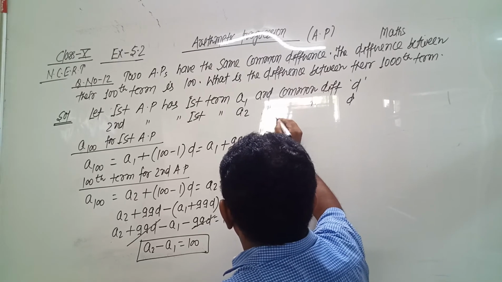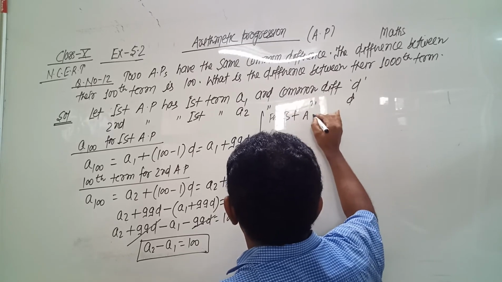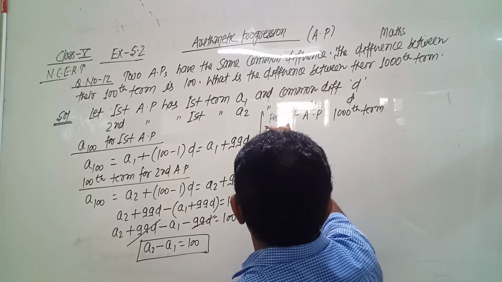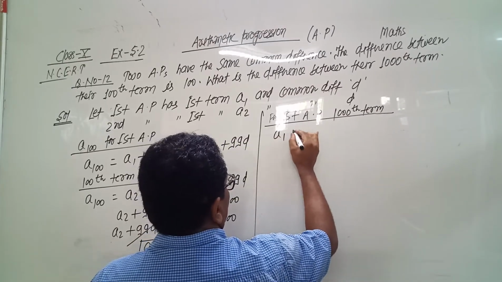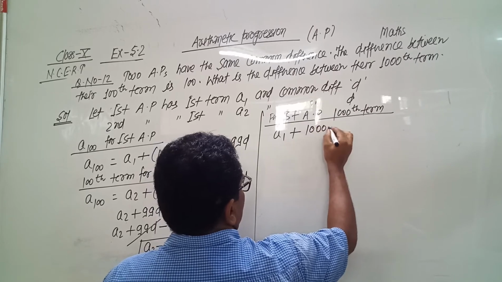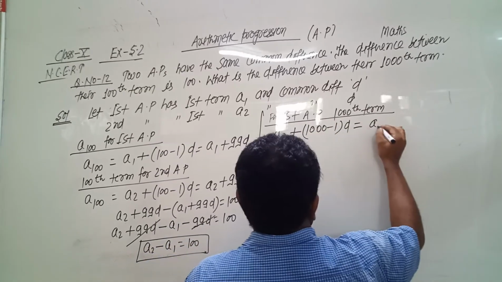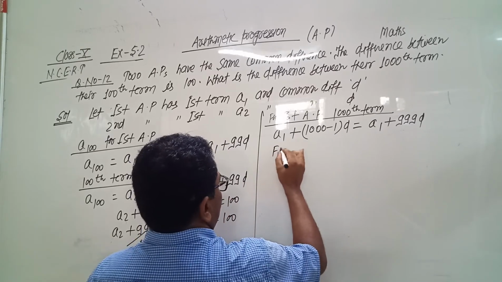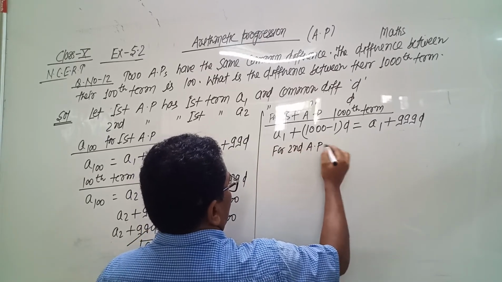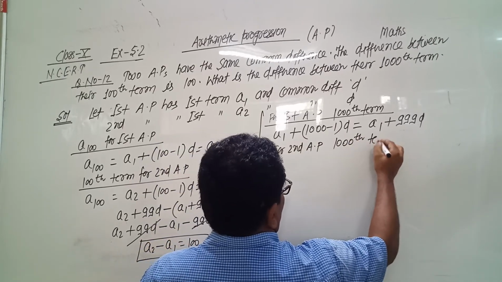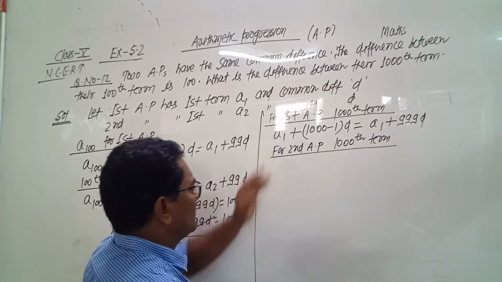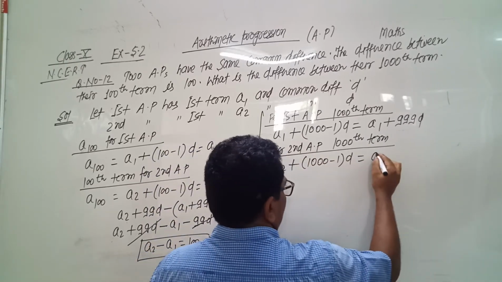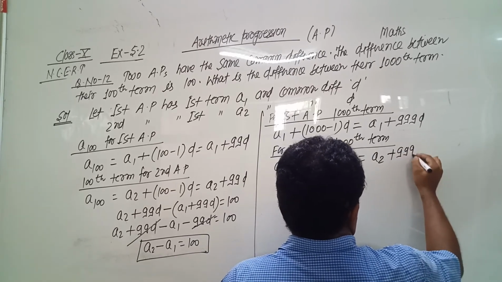So for the first AP, the 1000th term is A1 plus 1000 minus 1 into D, means A1 plus 999D. For the second AP, the 1000th term: the first term is A2, so A2 plus 1000 minus 1 D, the common difference is the same. So A2 plus 999D.